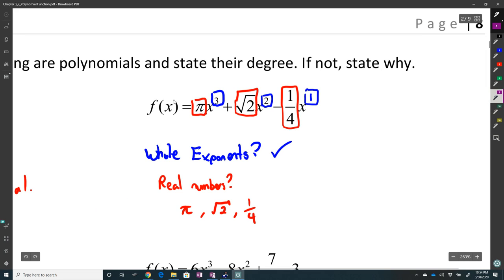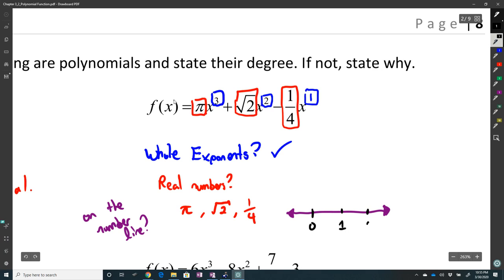Meaning that, can you point to them? Yeah. If I have a number line, let's say here's 0, here's 1, here's 2, didn't give myself enough room.